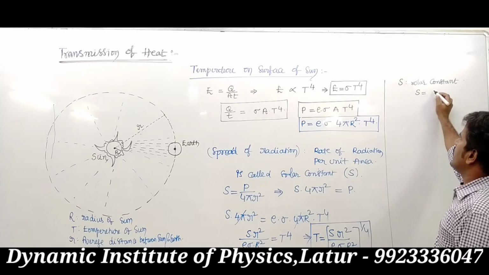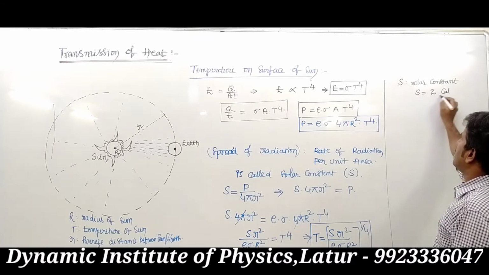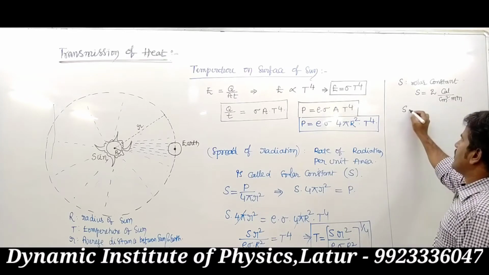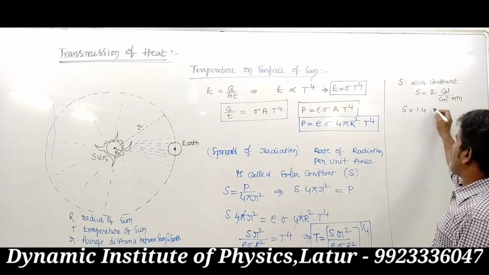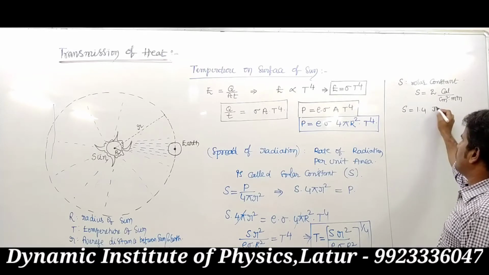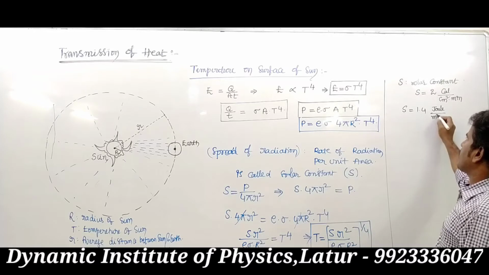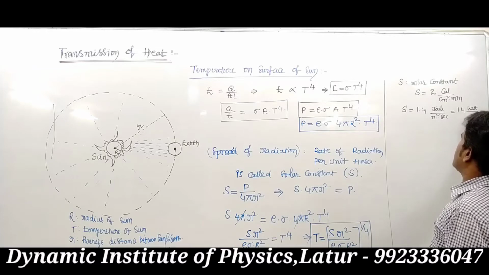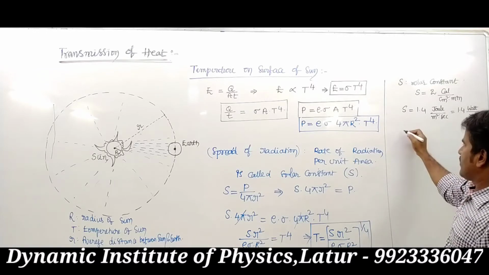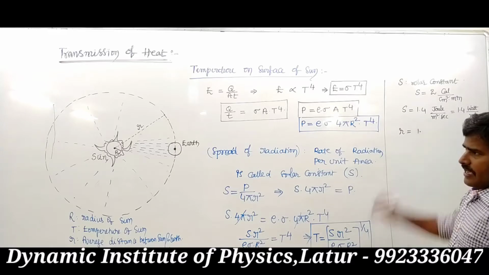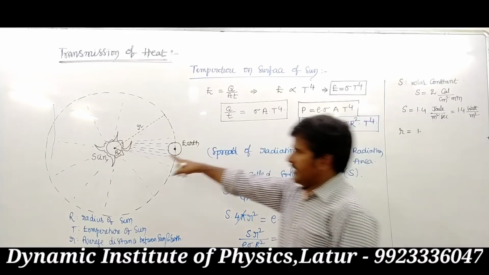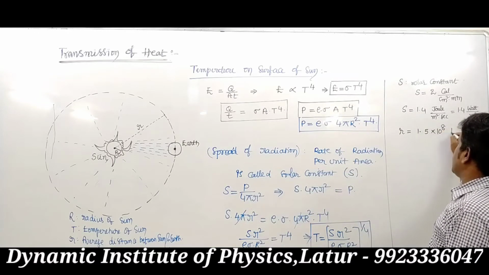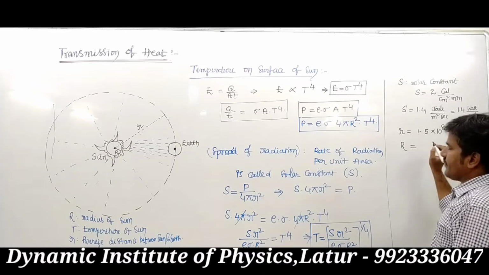Its value is 2 calorie per centimeter square per minute, that is S equals 1.4 joule per meter square per second, or 1.4 watt per meter square. This is the solar constant. Again, the average distance is 1.5 into 10 power 8 kilometer, and the radius of the sun.